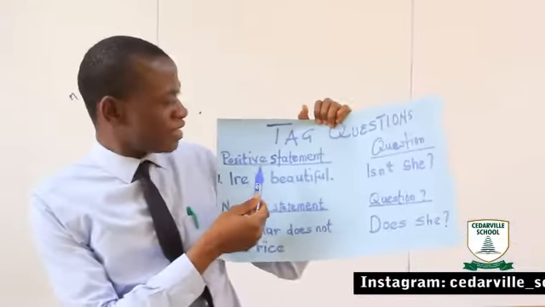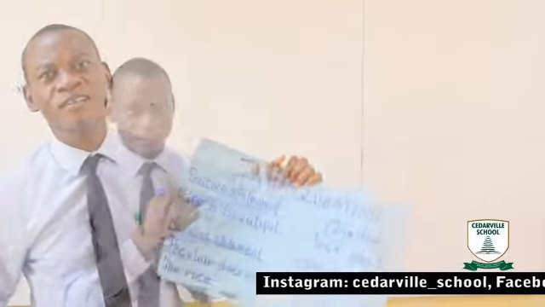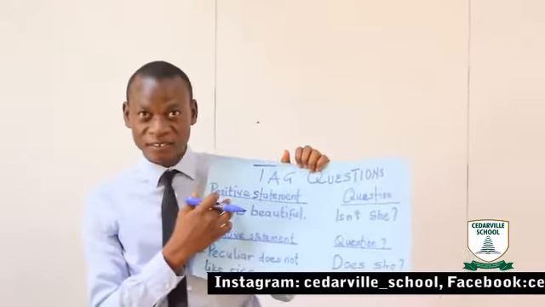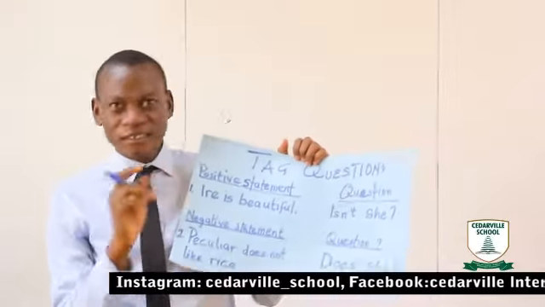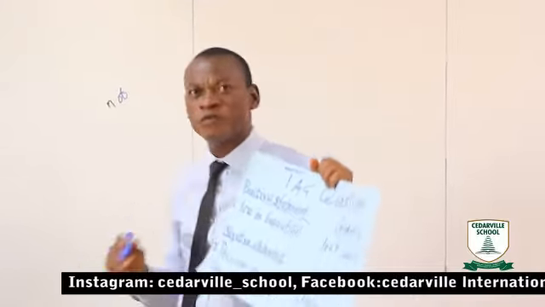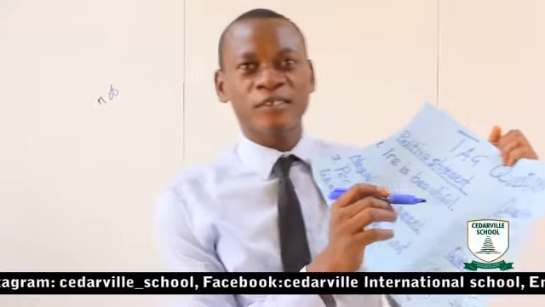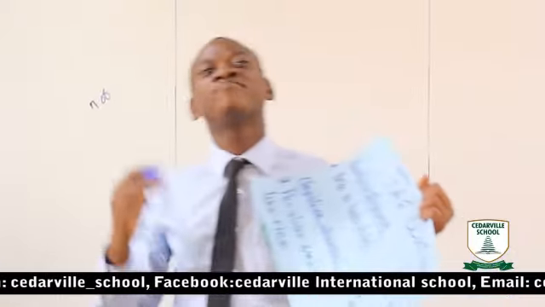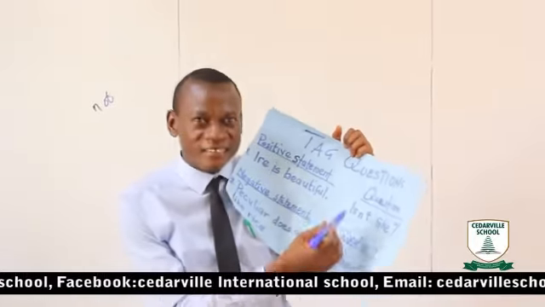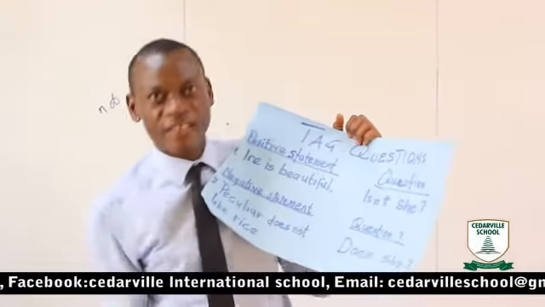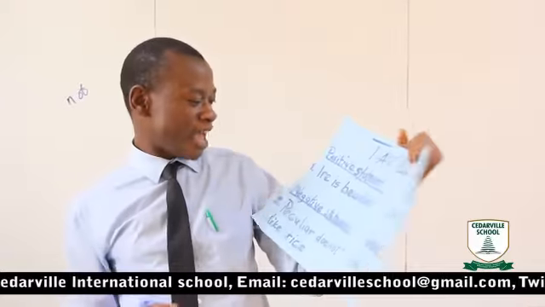Now look at an example. Ire is beautiful. That is an example of a positive statement. And the question for you to confirm whether she is beautiful or not is, isn't she? That's a question tag there.